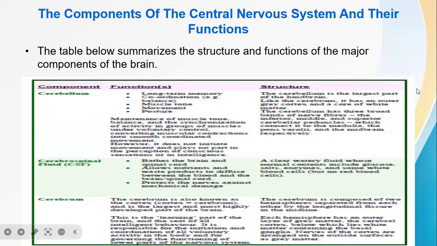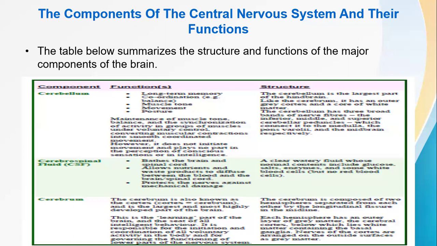The cerebellum has three broad bands of nerve fibers, the inferior, the middle, and the superior cerebellar peduncles, which connect it to the medulla, the pons, and the midbrain respectively. So this is just the simple structure of the cerebellum. We saw it in our previous video.